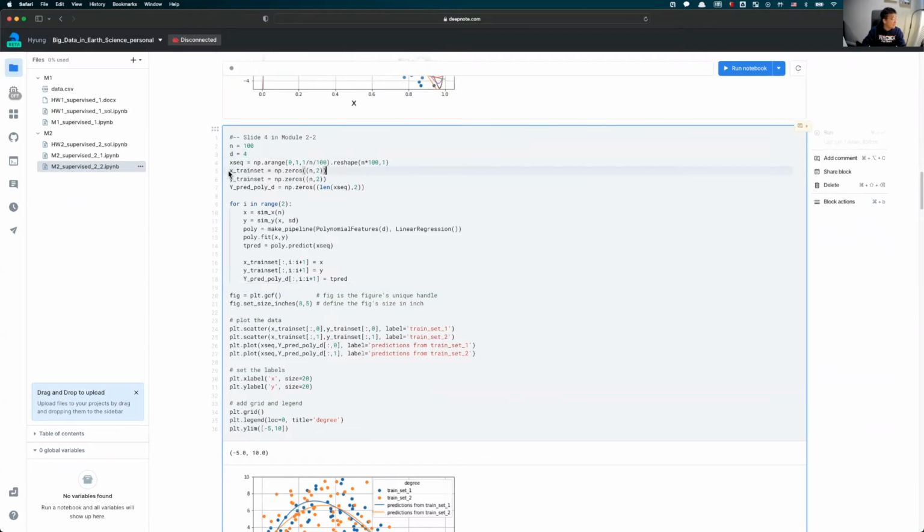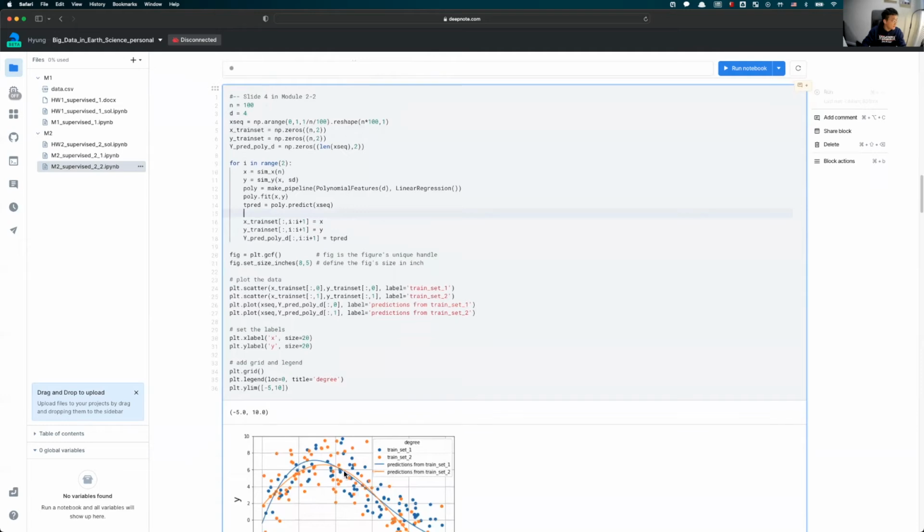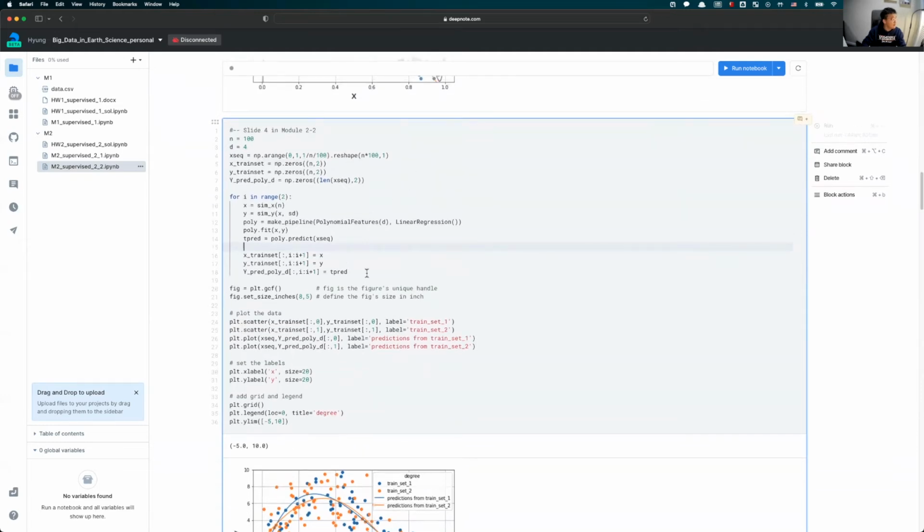And I made the training data set, the n by two-dimensional training data set. And I also created an empty array for the predicted values to save. So here I ran two iterations of these models to get two curves. So please take some time to understand this code.